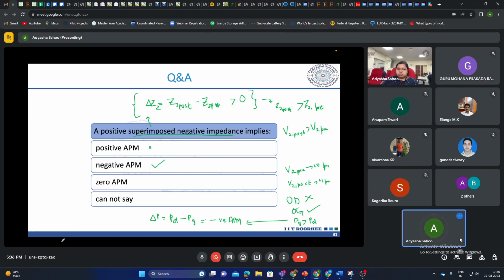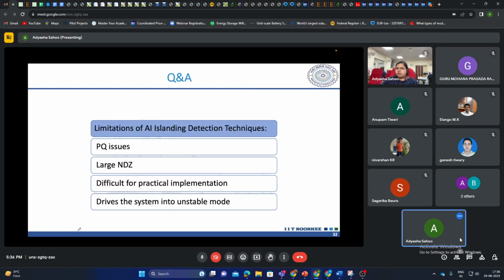Okay. Then the next question. The limitation of AI based islanding detection technique is: it will have power quality issues, it has a large non-detection zone, it is difficult for practical implementation, or it will drive the system into unstable mode. What is AI? Artificial intelligence.